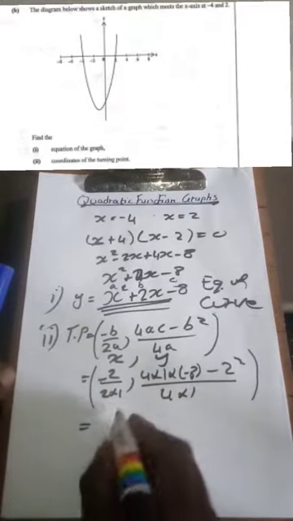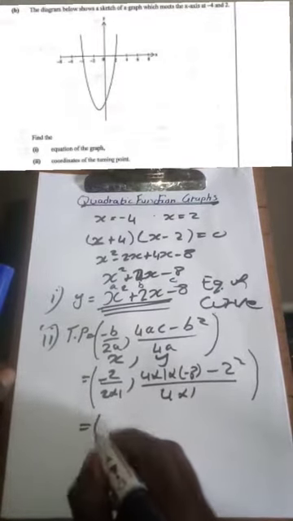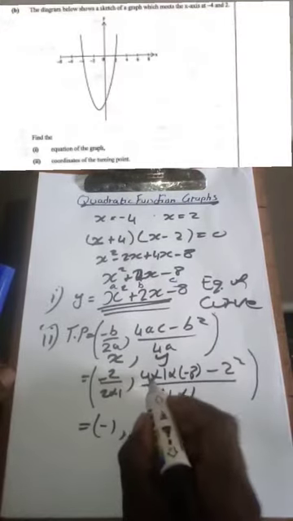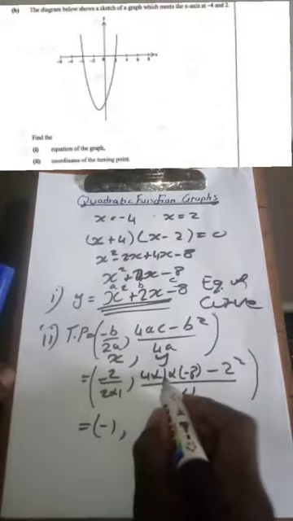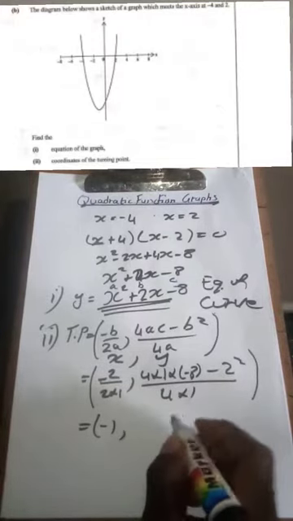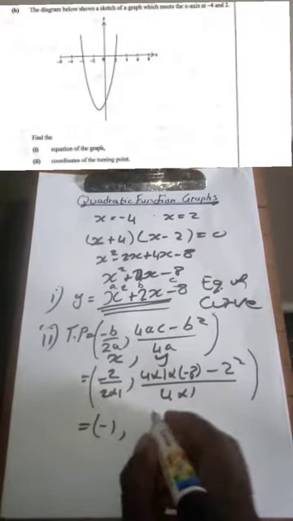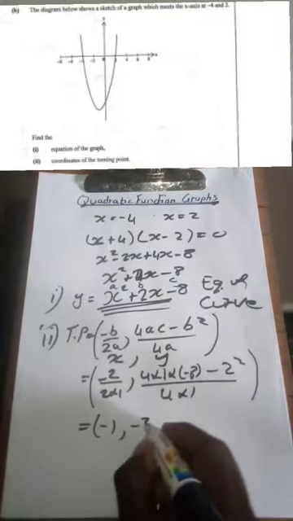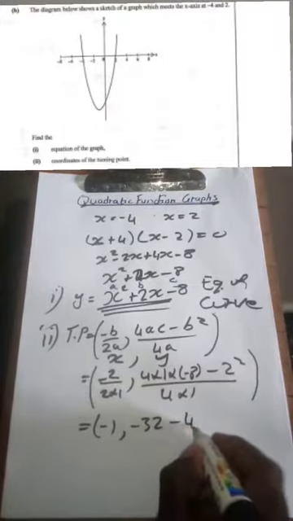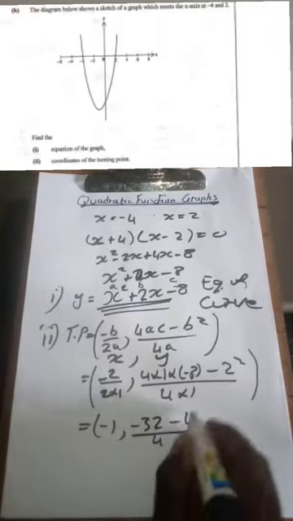So what you're going to have here is negative 1, comma, 4 by 1 is 4. 4 times negative 8, you're going to have negative 32. Negative 32 minus 4 there, divided by 4.